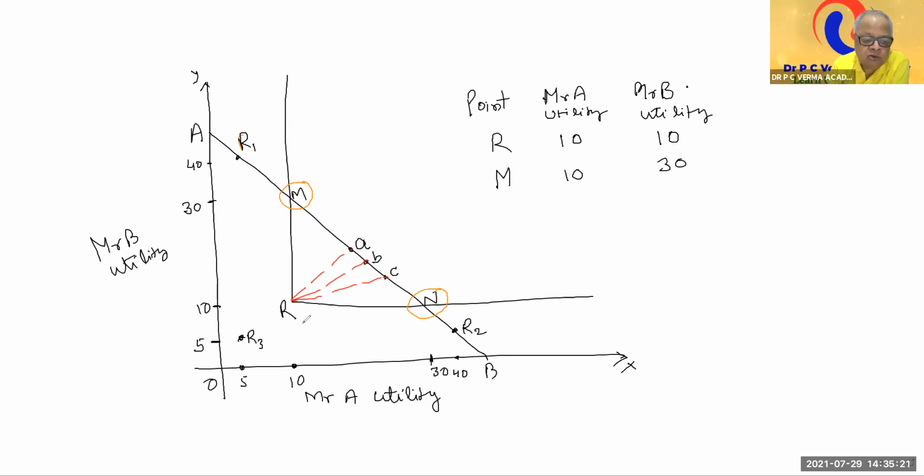If society moves from R to N, then Mr. B has 10 and Mr. A increases to 30.